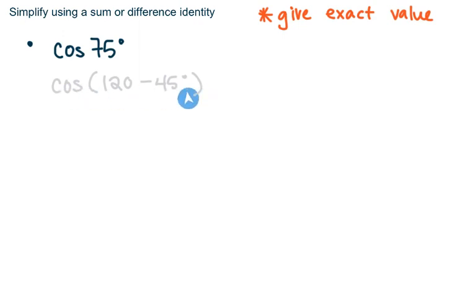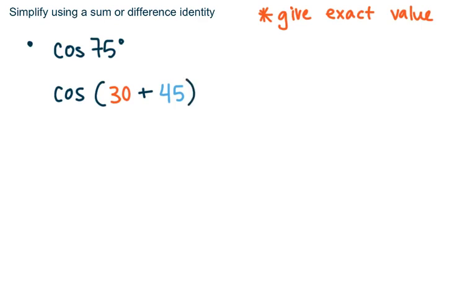This will still give us the same answer as if I used 30 plus 45. So I'm going to do it that way. I'm going to use 30 and 45 just because that's easier. But cosine of 30 plus 45. So this is cosine sum.